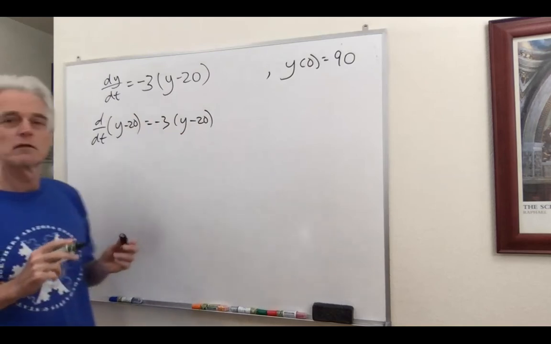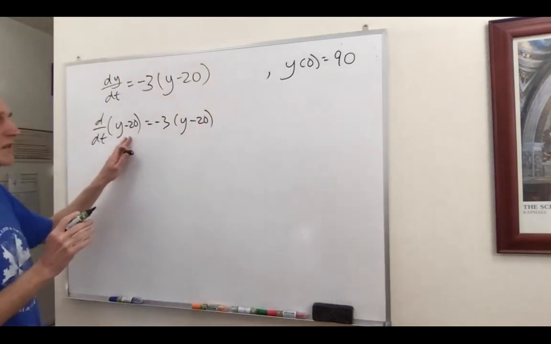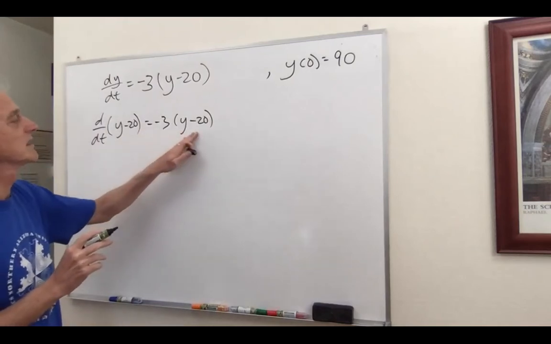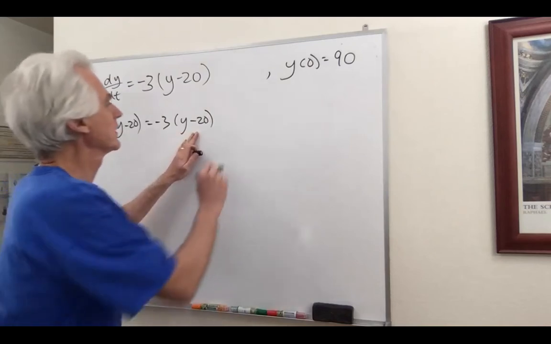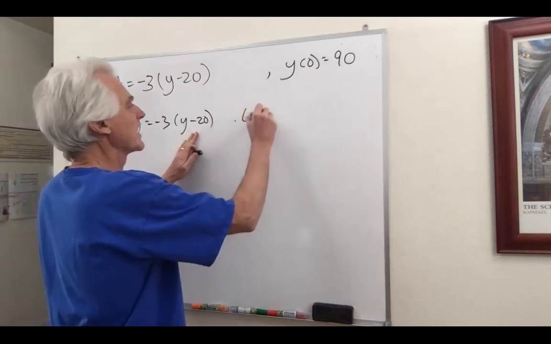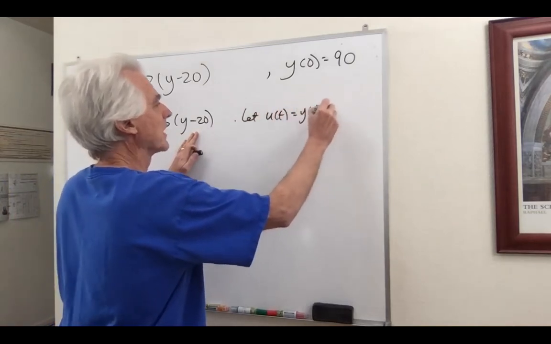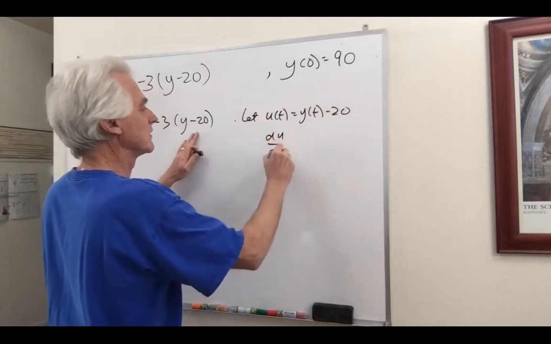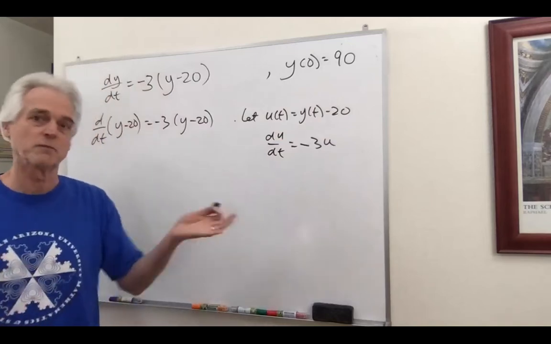Okay. So what it tells me is the rate of change of the temperature difference is minus 3 times the temperature difference. And you don't have to do this, but we could say let u of t equal y of t minus 20, and this just becomes du/dt is minus 3u, where u is the temperature difference.